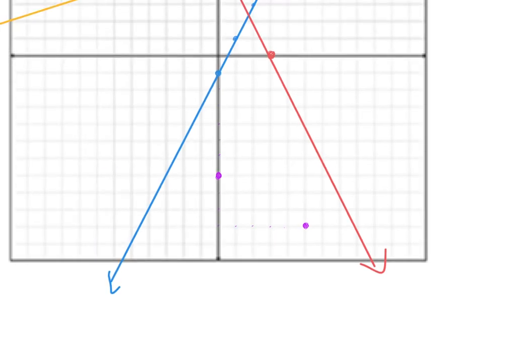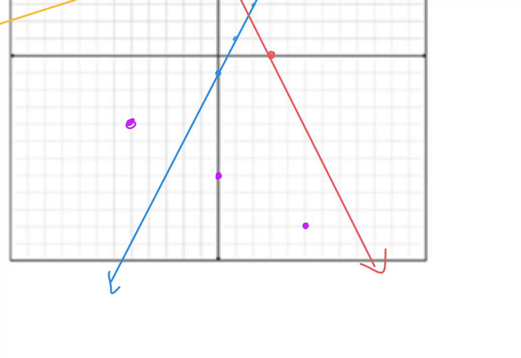But we could also go the other direction. We could go up 3 and back 5, like that. Let's see, 1, 2, 3, 4, 5. You could do that. So let's erase these dots just to kind of keep it clean looking.